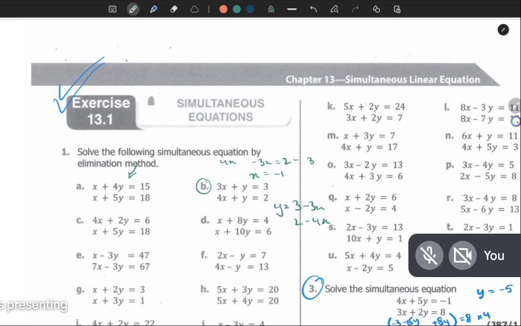Yeah, so you can put -1 into any of these. इन दोनों में से किसी एक के अंदर भी डालो and you'll find the same value for y. जल्दी करो.